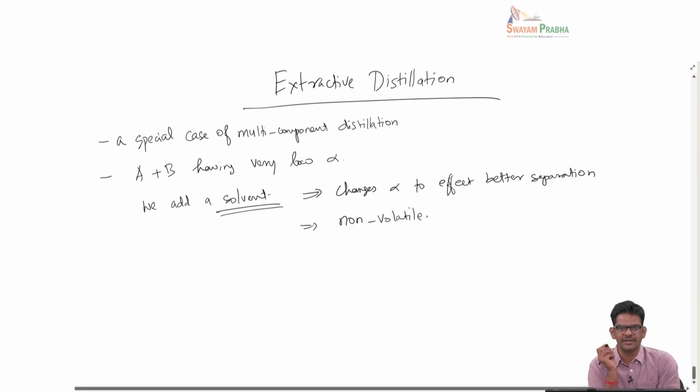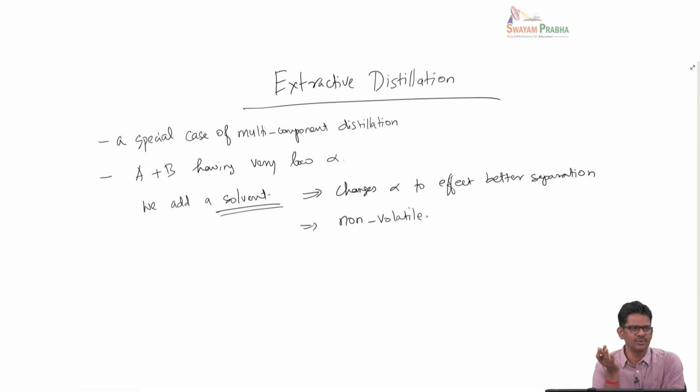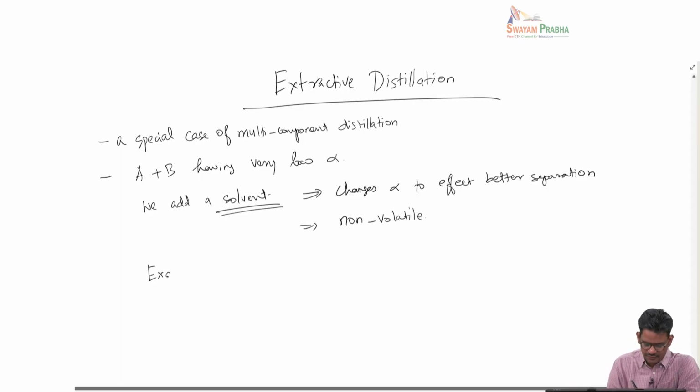Why we say less volatile or non-volatile is because we don't want to vaporize the solvent and have extra heat duty. So you want it to be as less volatile as possible. In this case, we will take an example of isooctane plus toluene.